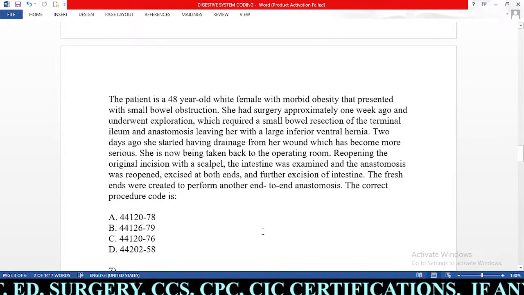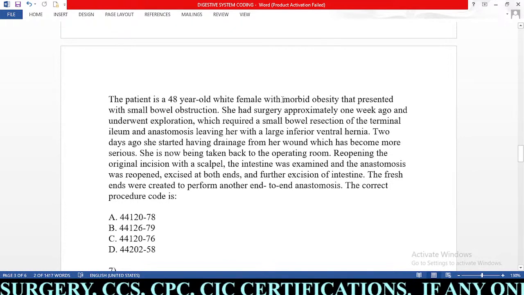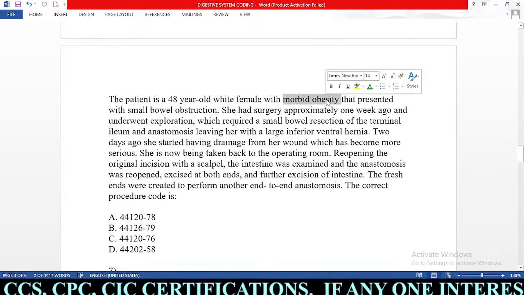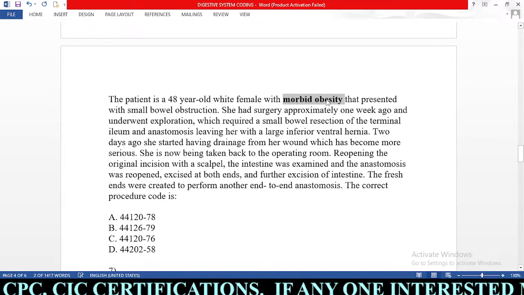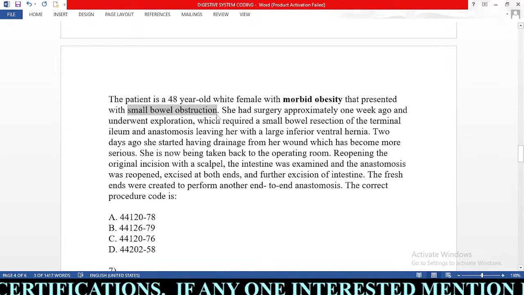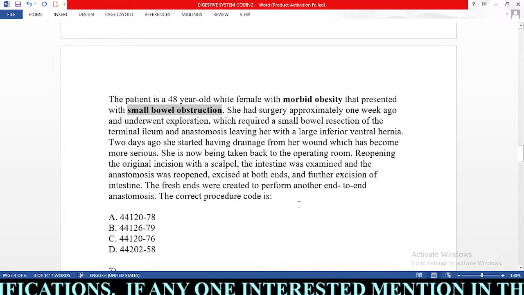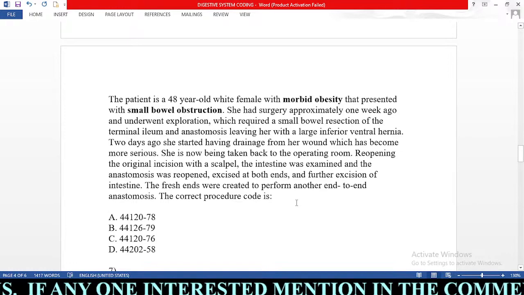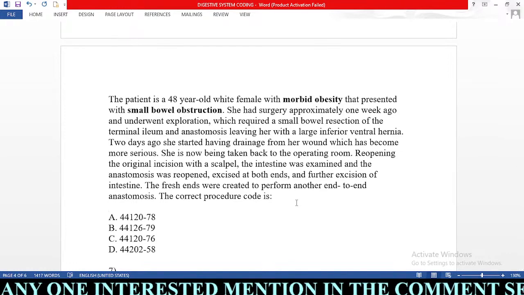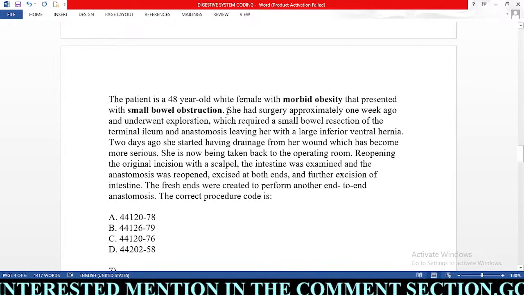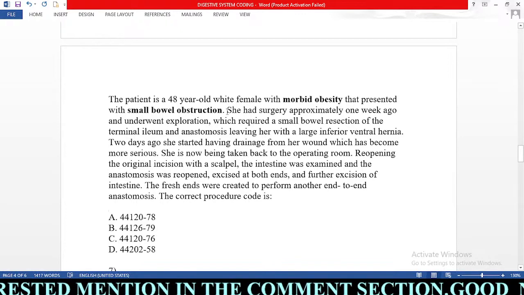The patient is a 48-year-old white female with morbid obesity that presented with small bowel obstruction. As all of us know, we have small bowel and large bowels. Our colon comes under large bowel; ileum, jejunum, all this comes under small intestine.